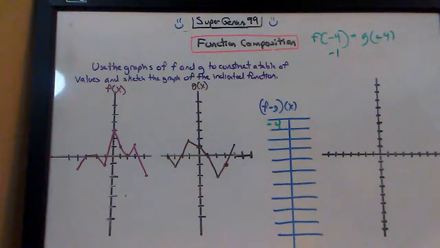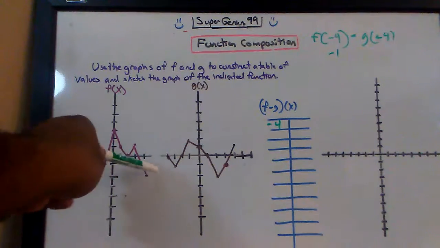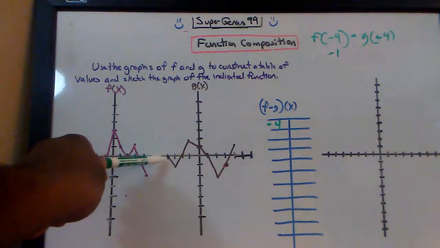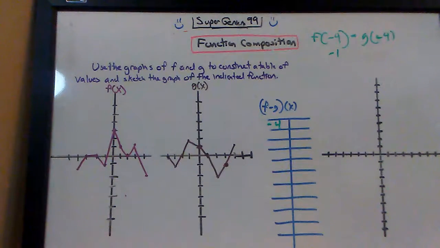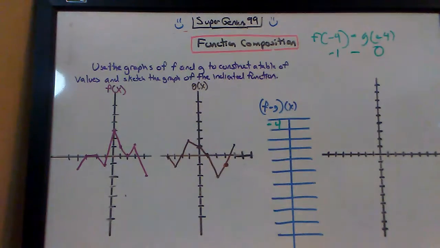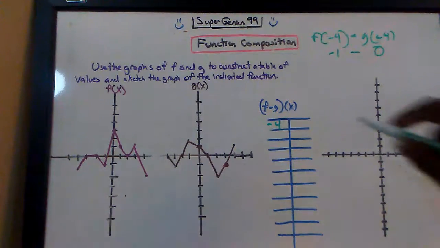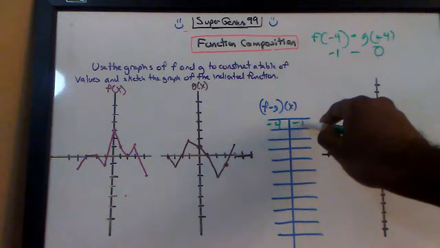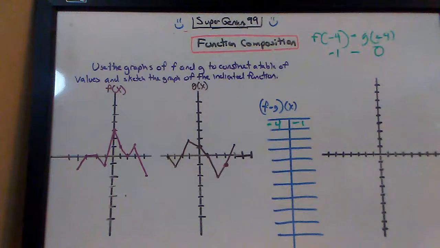When x is -4 on the g graph, what is y? Here's x, here's -4. What is the y value? 0. And now you're just doing the problem -1 minus 0. Well, what's -1 minus 0? -1. Everybody see how to do that?